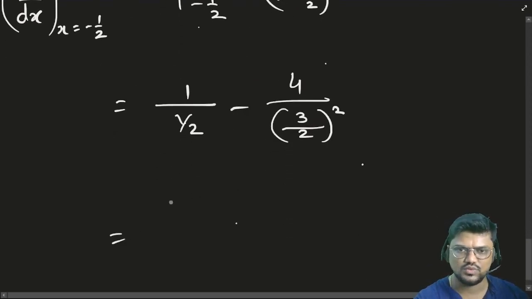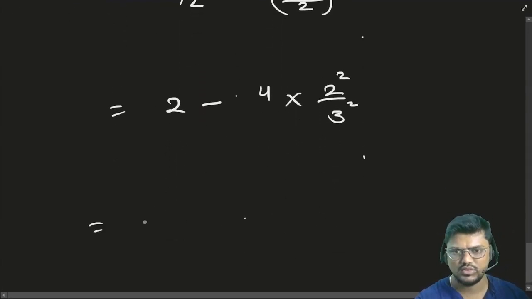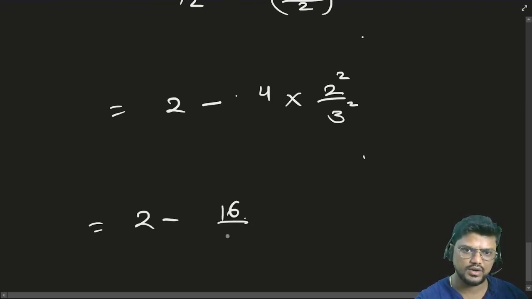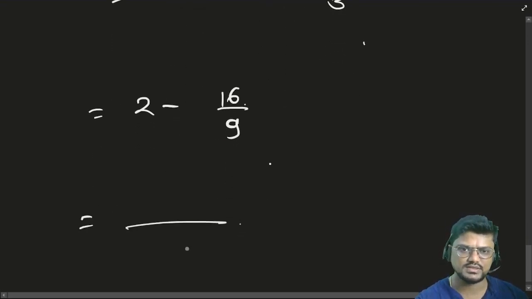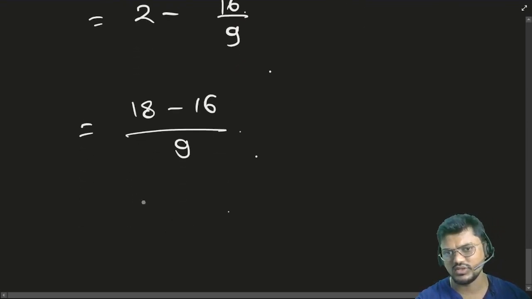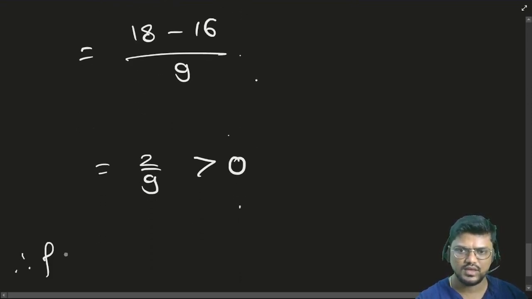This 1 by 2 will come in the numerator, so finally you'll get 2 minus 4 into 4 upon 9, that is 16 upon 9. Now if I solve this, 9 will be the LCM, 2 nines are 18 minus 16, that equals 2 by 9. Now this is greater than 0, therefore f of x is increasing.